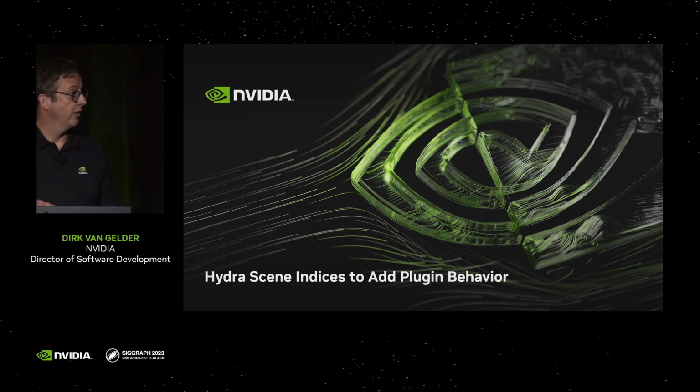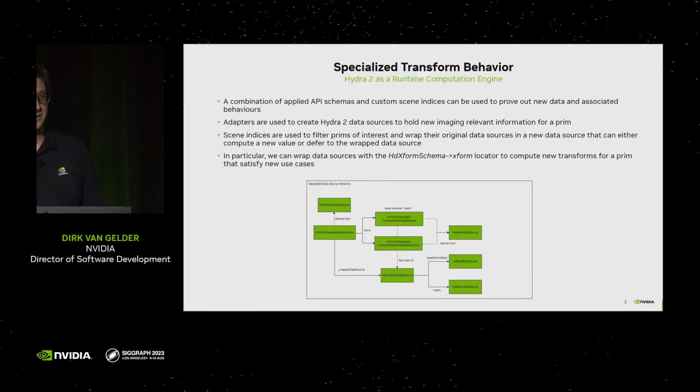We're very excited. We like the idea of Hydra scene indices as a way to add runtime behaviors after scene description and to use this to prototype ideas. So some of the things we started with, we looked at transforms and we said, oh, we want to deal with geospatial transforms. This is like when you deal with Deutsche Bahn in Germany and they want to have their trains go all the way around.